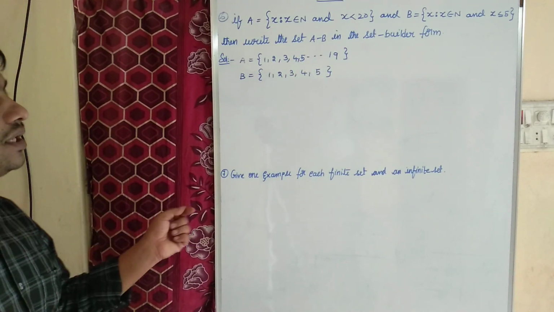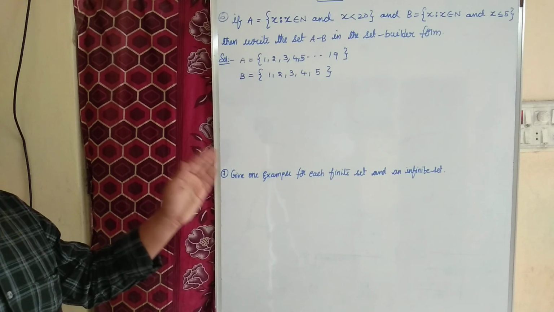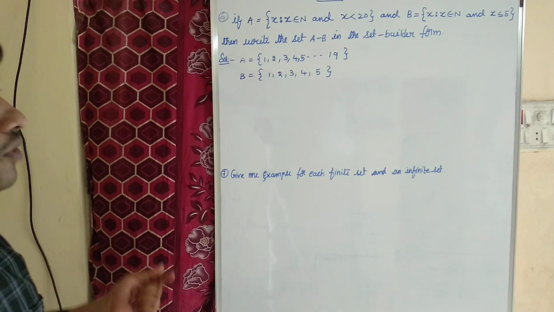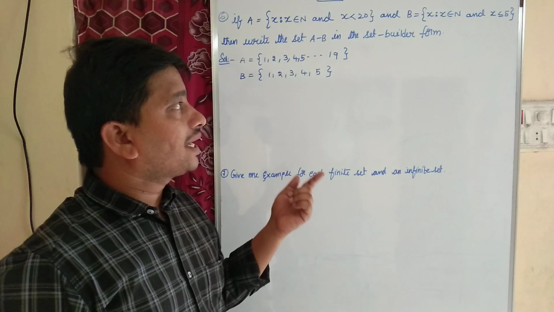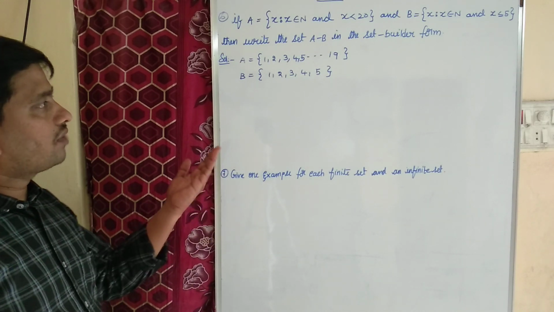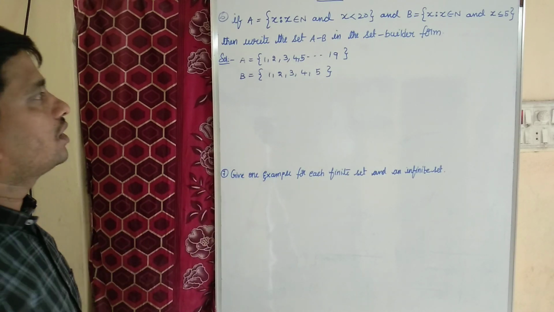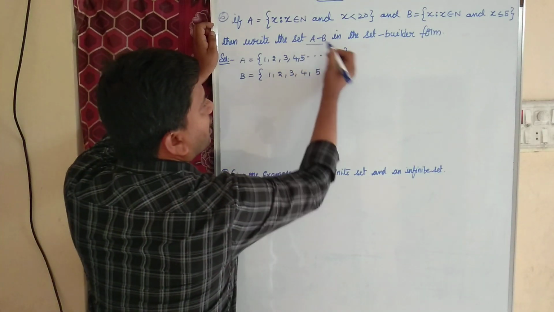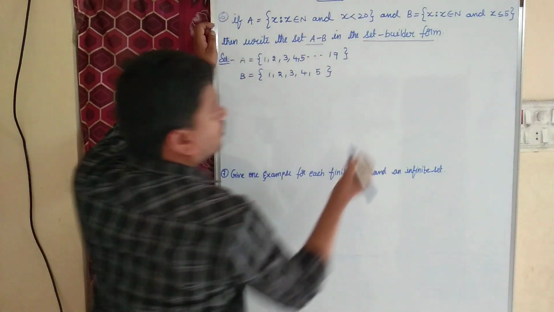What are the elements in set A? 1, 2, 3, 4, 5 and so on up to 19 because x is less than 20. What about the elements in set B? x such that x belongs to N and x less than or equal to 5 means 1, 2, 3, 4, 5. Now write the set A minus B in set builder form.